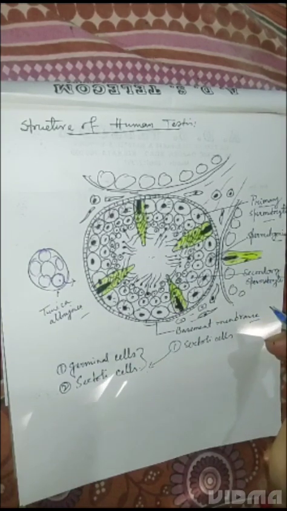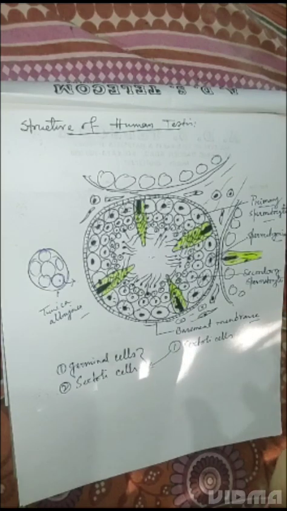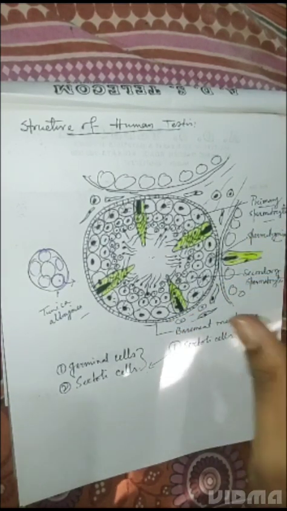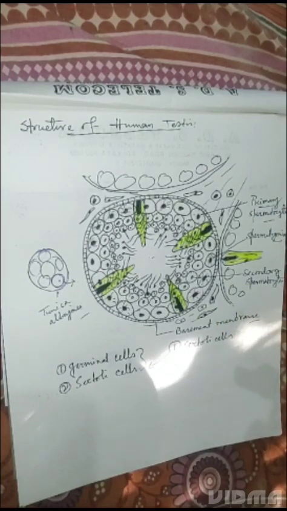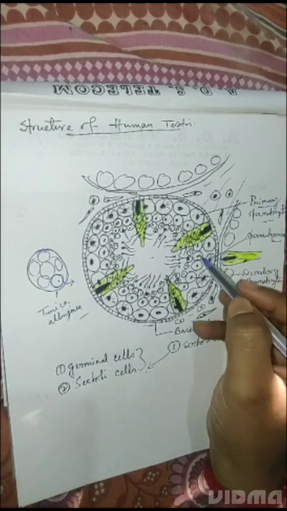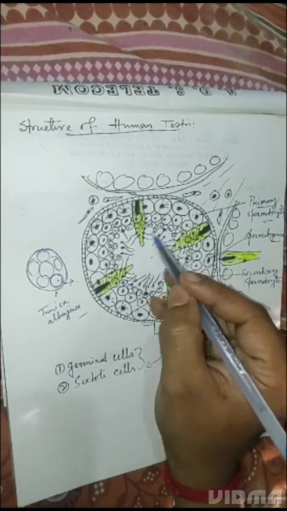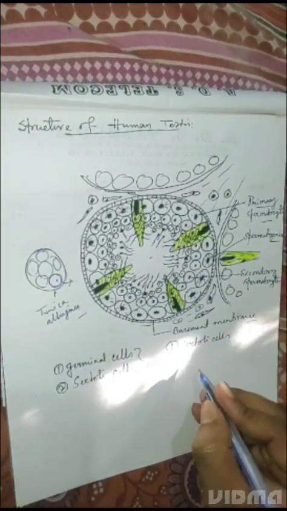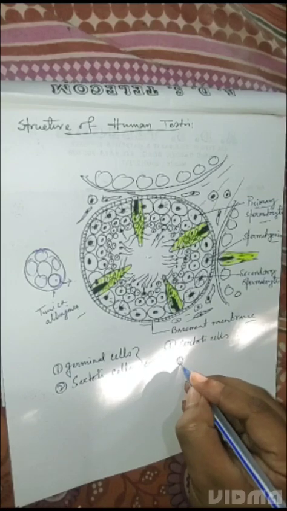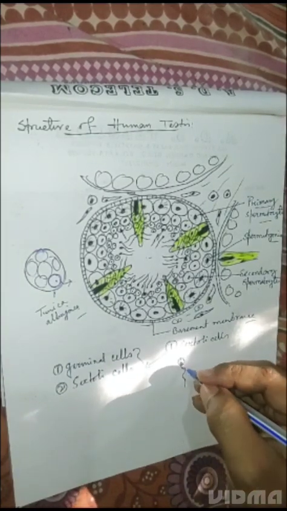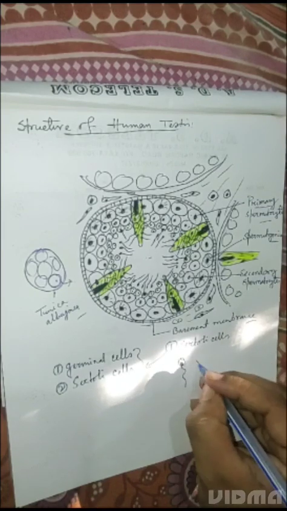Next, the spermatids part, the primary spermatids. When you come to the spermatids part, you can see two types of structure. One is here, here, and here, here. You can see this kind of structure, an oval shaped body with a tail forming on it.